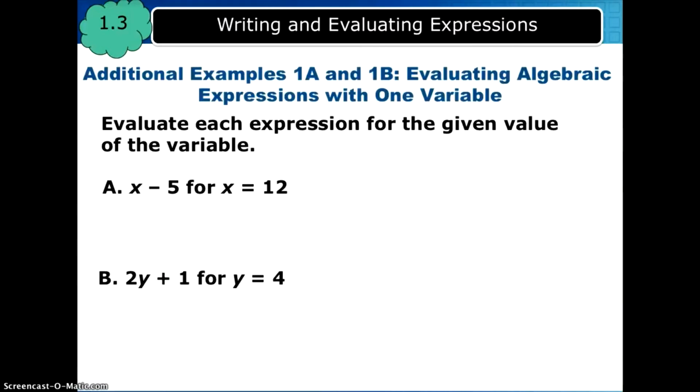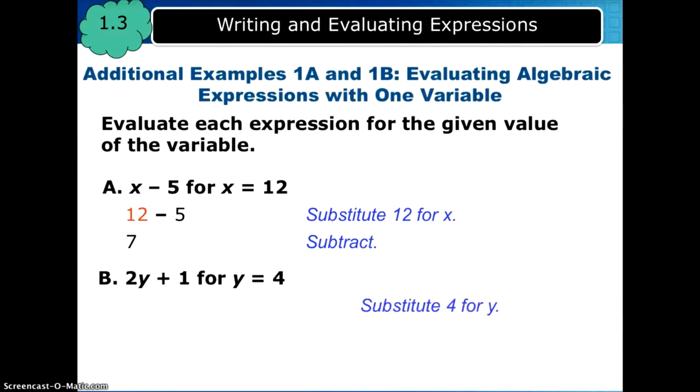Evaluate each expression for the given values of the variable. Make sure that you write down these examples. So example A, x minus 5, and x is going to equal 12. So we're going to substitute 12 in for x. So we're going to have 12 minus 5, and then we're going to subtract 12 minus 5 to give us 7.